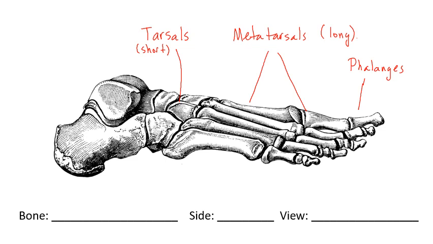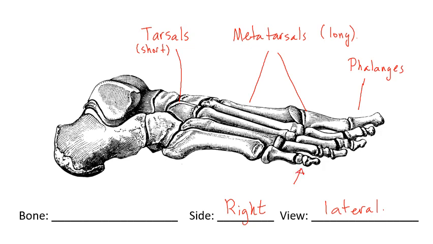So here we are looking at, if you can figure this out, what foot are we looking at, right or left? This is a right foot. And our view is going to be lateral. You're wondering why? Well, this is the pinky here.